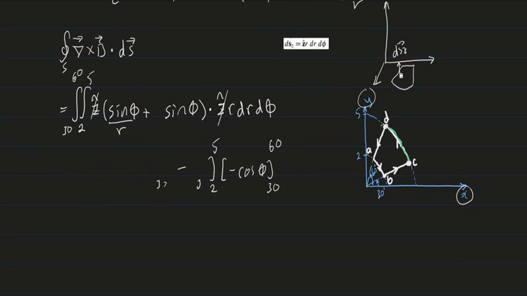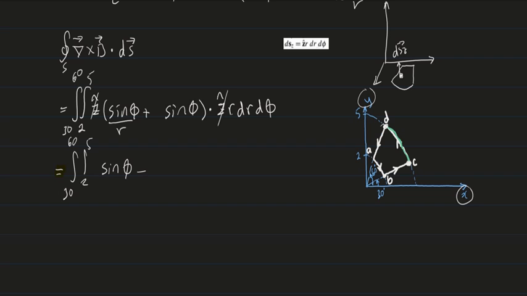Now, since we got confused already, let me just write this explicitly, how it looks like. This is now equal to the double integral from 30 to 60 and from 2 to 5. And here z hat will cancel out, this will not change, but here I have sine phi plus r sine phi. Let's take sine phi as a common factor to make it easier.